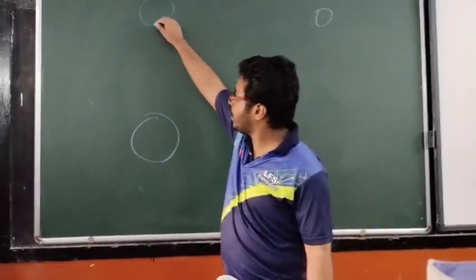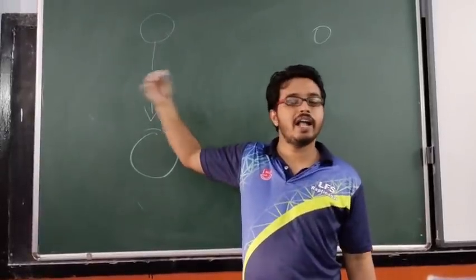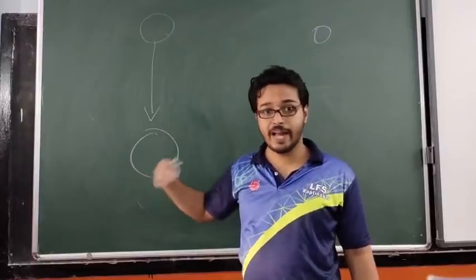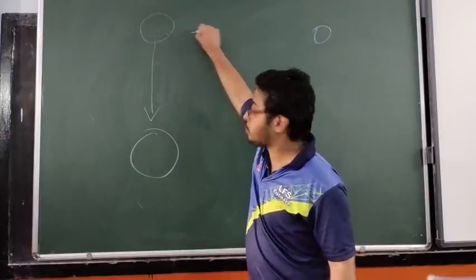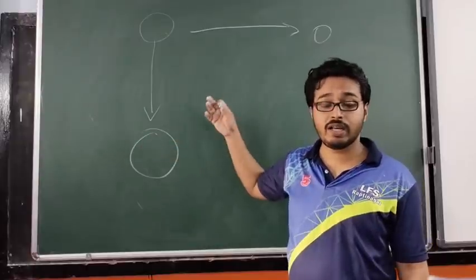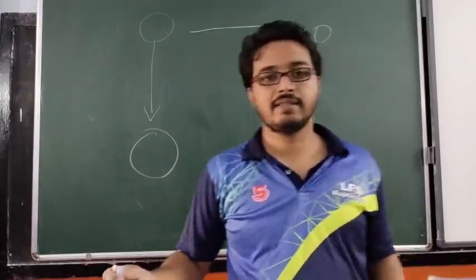If you move down a group, the electron gain enthalpy decreases. If you move from left to right in a periodic table, atomic size decreases, so the electron gain enthalpy increases.